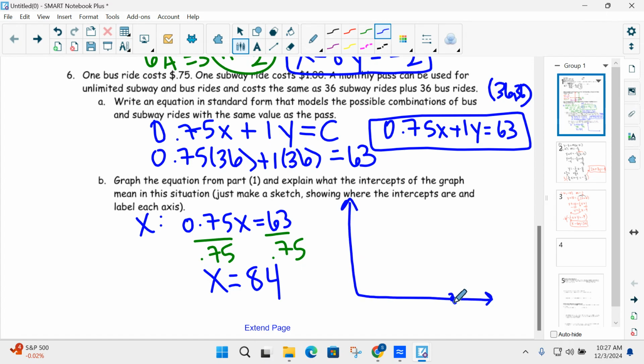So I'm really going to estimate, well, maybe I can go in tens. So 10, 20, 30, 40, 50, 60, 70, 80, 90. So your point is actually right here. So this is number of bus rides.